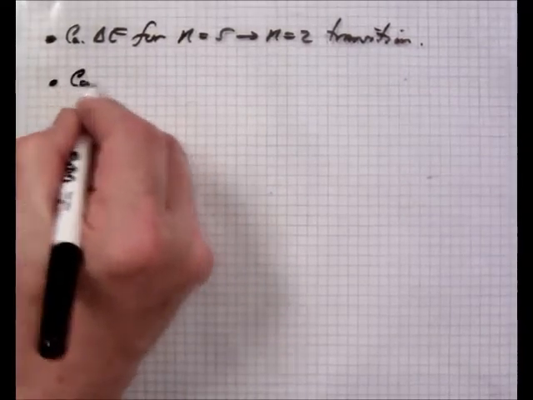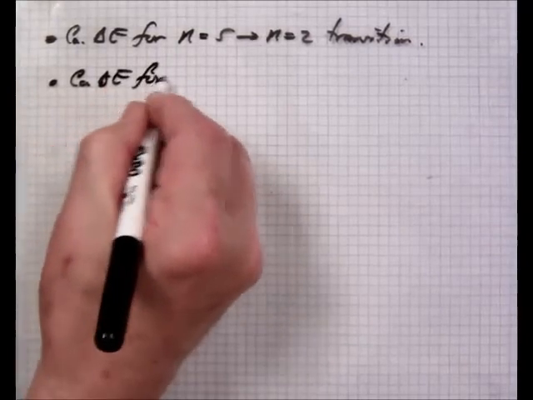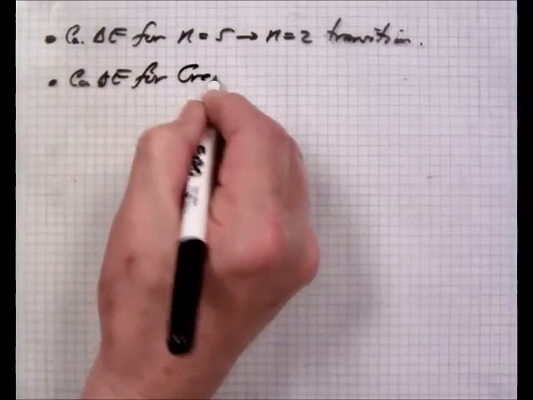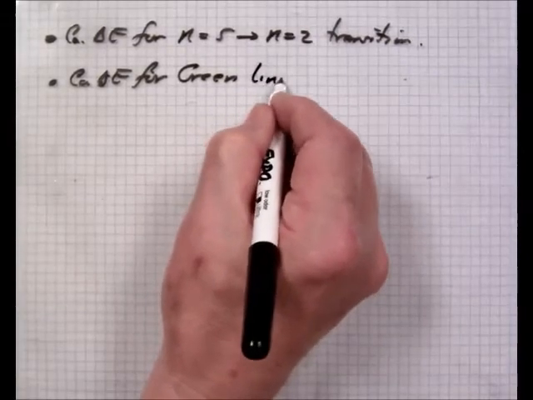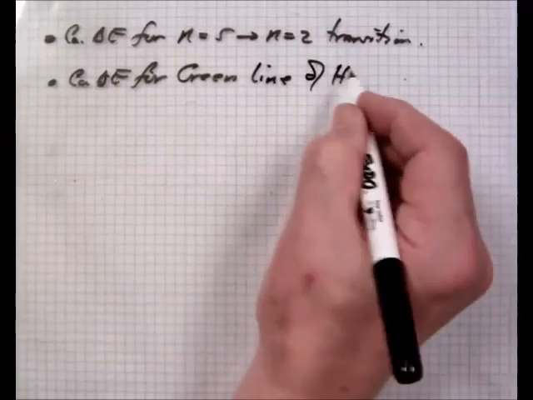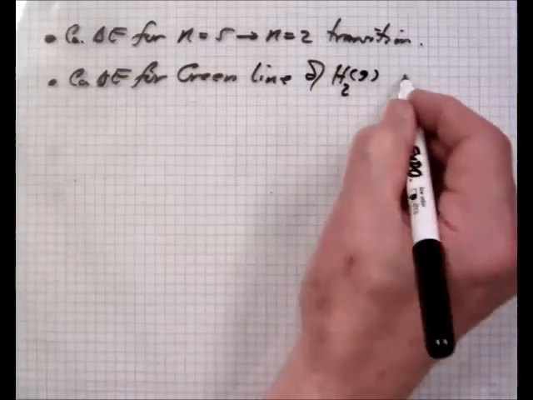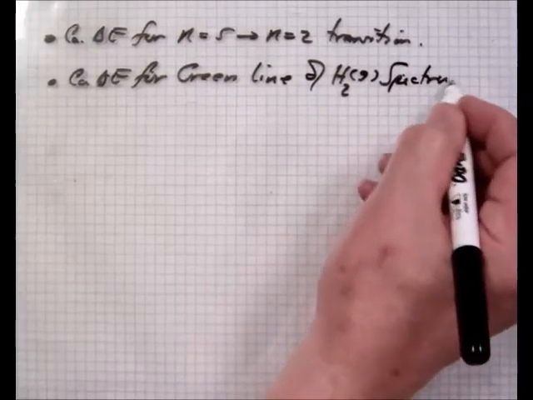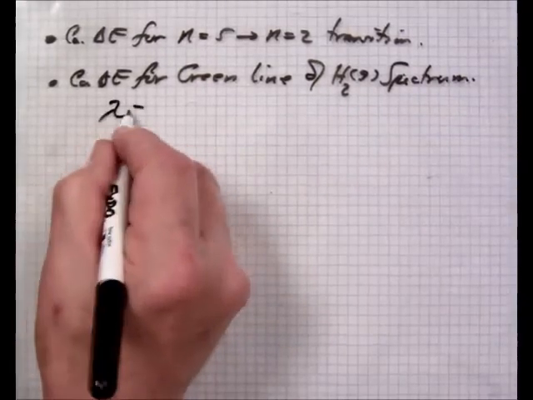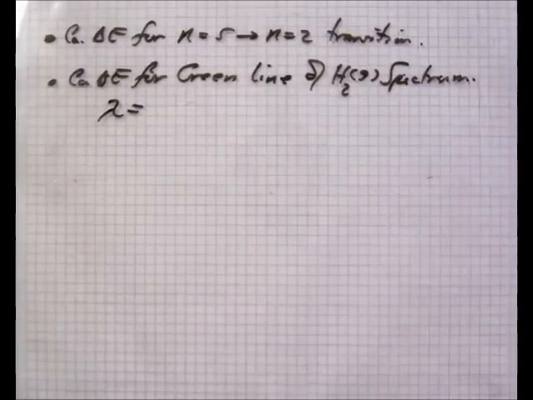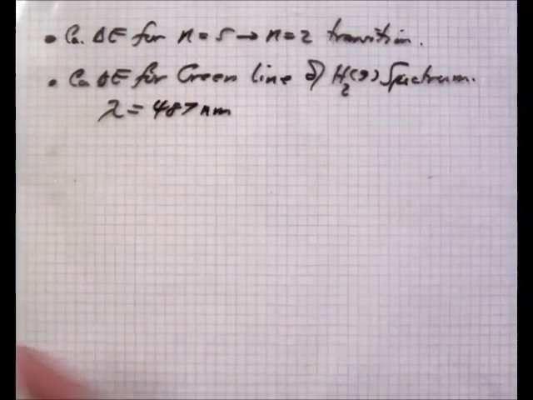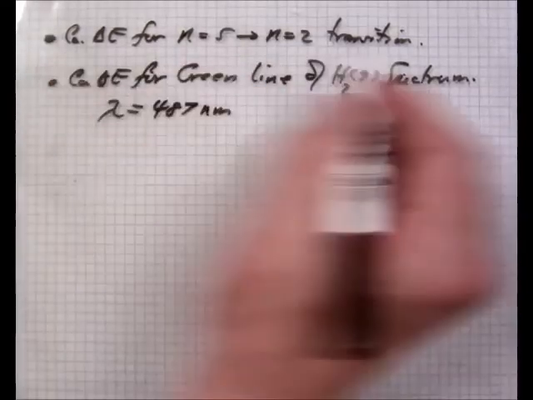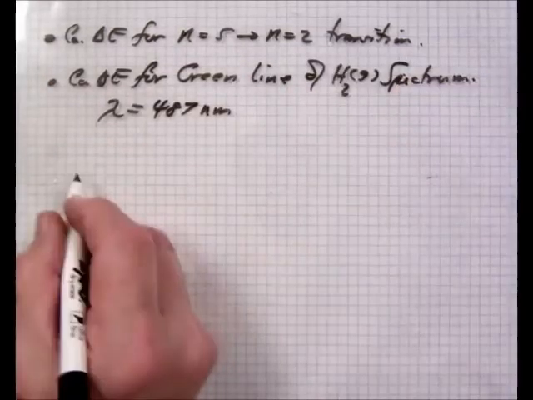Or calculate delta E for the green line of the hydrogen gas spectrum. And they'll give you the green line is 487 nanometers. Okay, in the first case, you'd have to use the Rydberg equation.